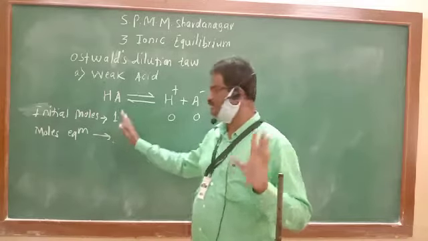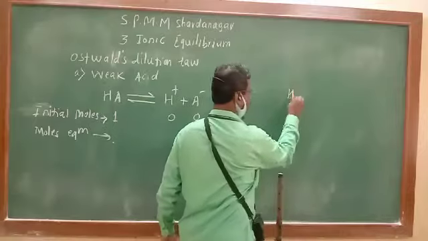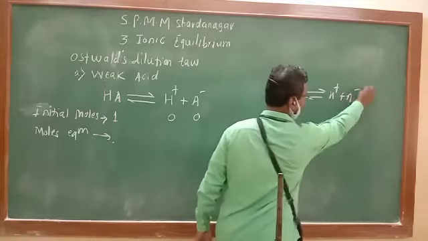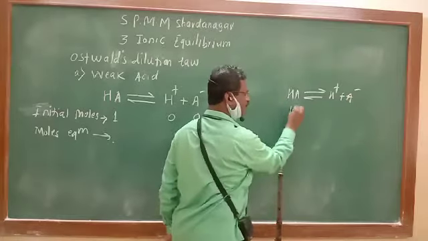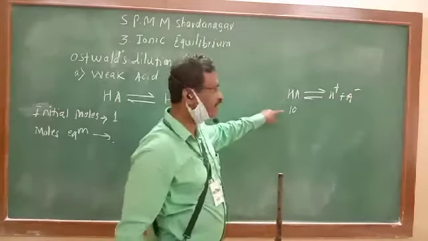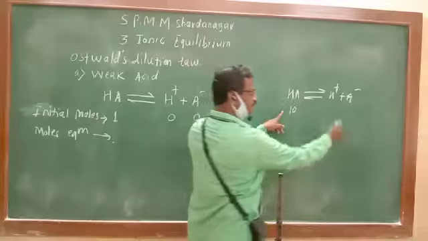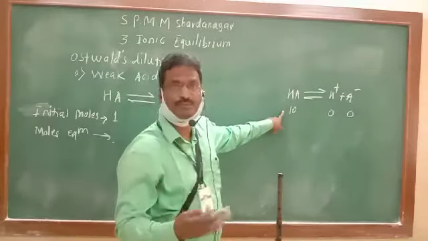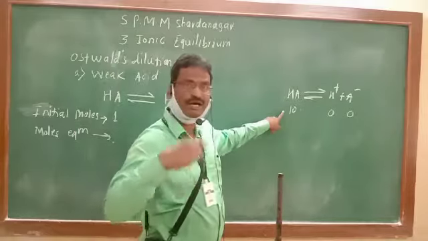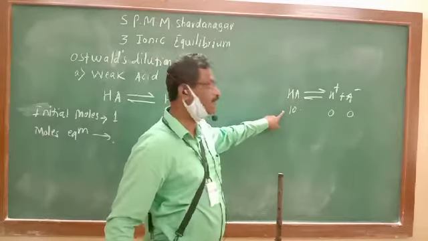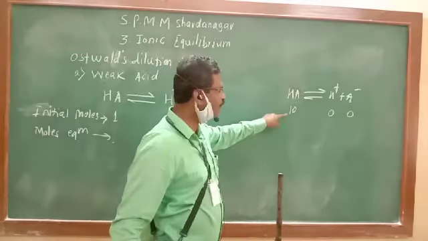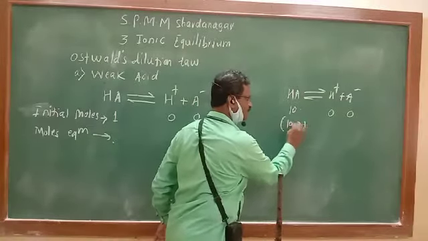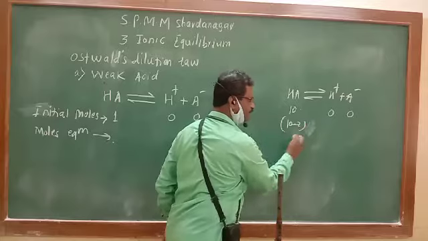Are you getting it? See here. Suppose we have started with HA giving H plus and A minus ions. If we have 10 moles at start, this is 0, this is also 0. Out of 10 moles, if 2 moles are dissociated at equilibrium, how many moles of HA will be left behind? 10 minus 2, that is nothing but 8.